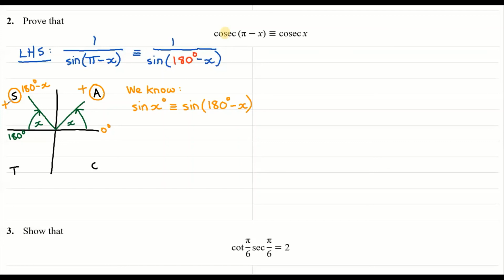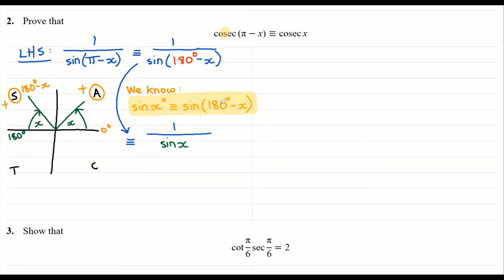Now we can go back to our question and pick up where we left off. We're just going to leapfrog over that. And we can now say that the sine of 180 subtract x must be the same as 1 over simply the sine of x, from the result we've just picked up from the CAST diagram. This is an identity, a really, really useful identity.